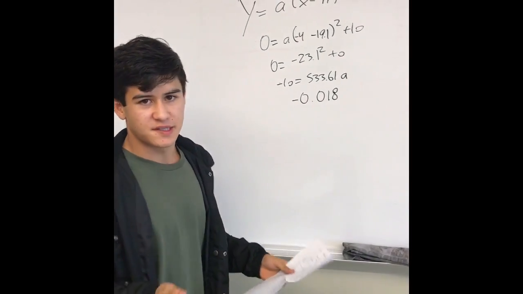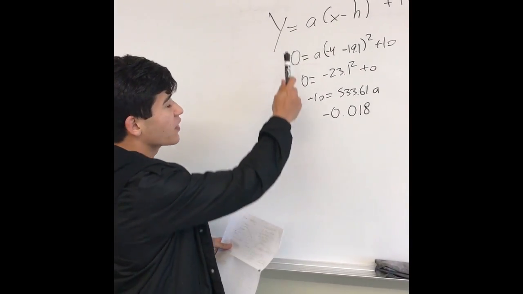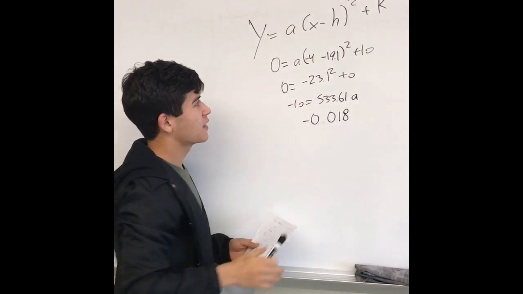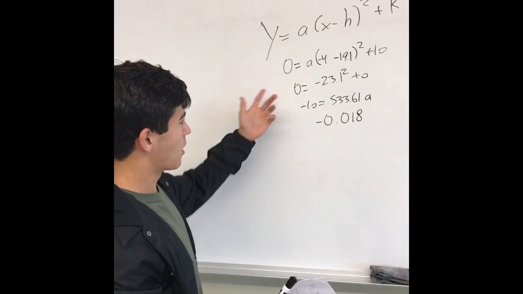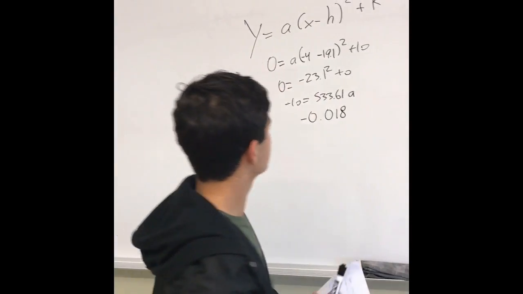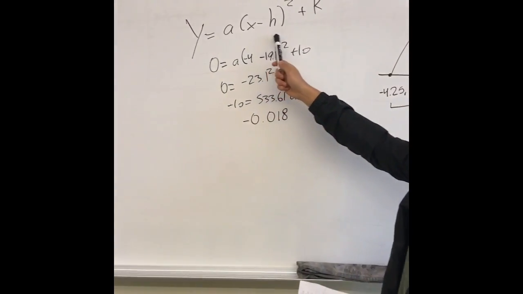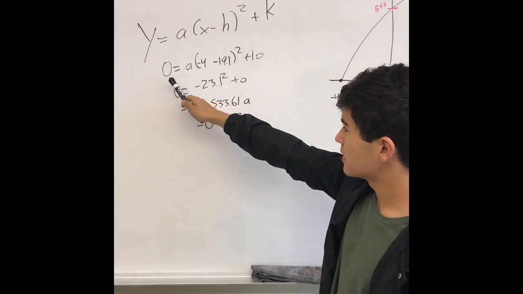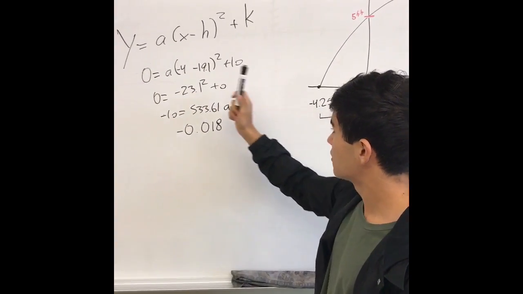Okay, so this is how we got to that. We had the vertex formula right here, which we found from our notes, and basically we just plugged in the values. So this one was when we were from the thrower, and so we got y was 0.